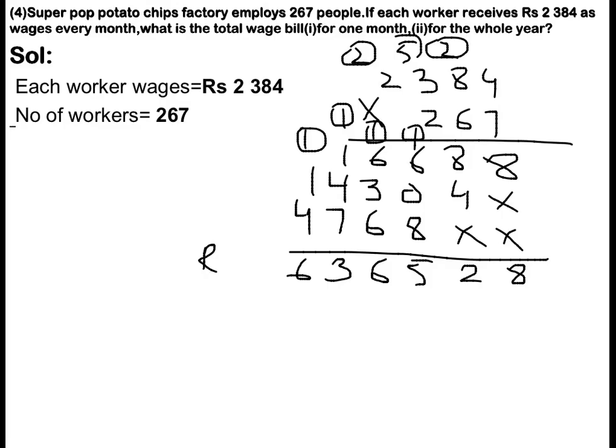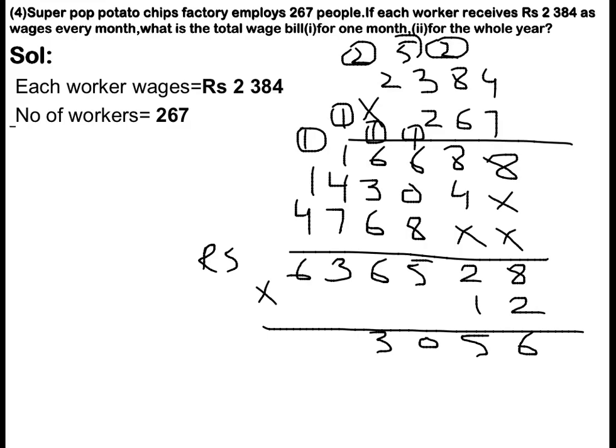That is rupees. Now we will multiply because there are 12 months in a whole year. 8 twos are 16, 2 twos are 4 and 5, 2 fives are 10, 1 carry. 2 sixes are 12, 13, 1 carry. 2 threes are 6 plus 1, 7, 2 sixes are 12.